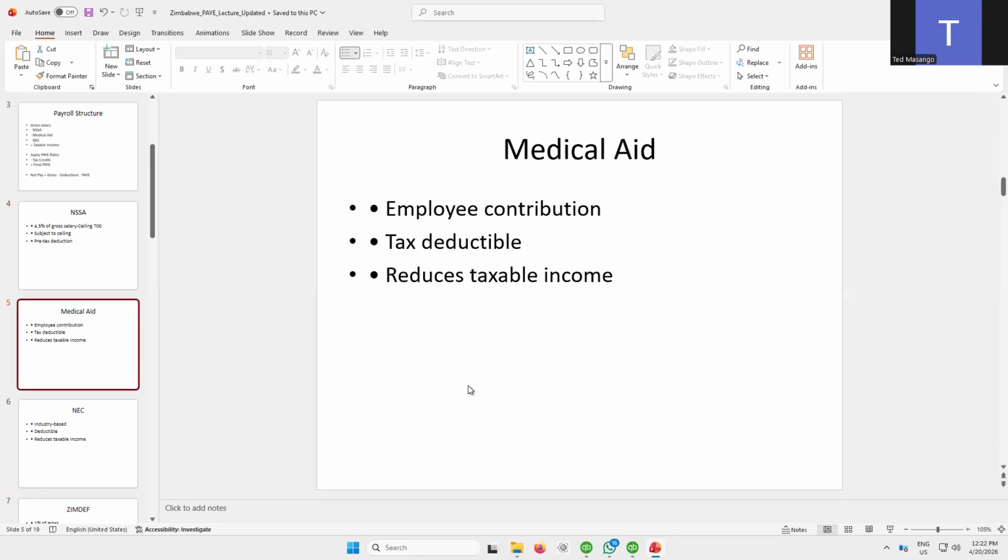So if the company is paying 100%, it means no medical aid is deducted. If the employee goes and is treated by a doctor and they pay their own money, they can claim that, as long as they provide the receipts and the proof that they were treated and paid their own money. They can deduct that.